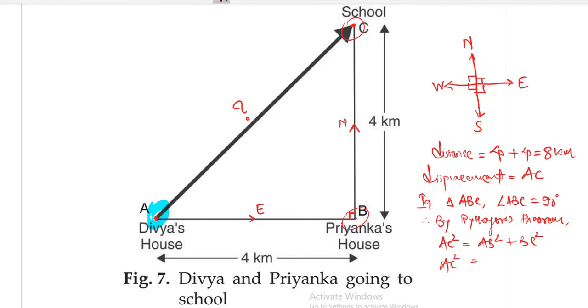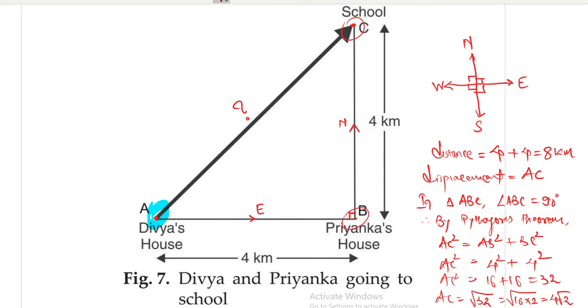What is AB square? AB square is 4 square. What is BC square? 4 square. So AC square is equal to 16 plus 16, that is 32. And AC is equal to root of 32.